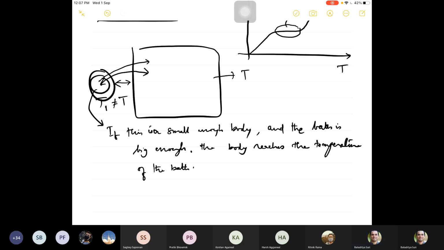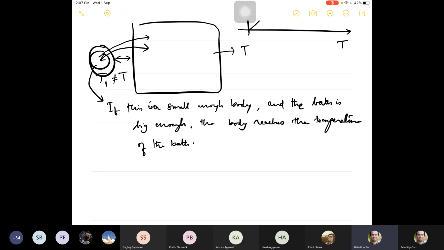Now, what do you mean by the bath not being affected by the change of the system? What we mean is the temperature of the bath doesn't change, but the bath extracts heat from or gives heat to the small body. Is that clear?